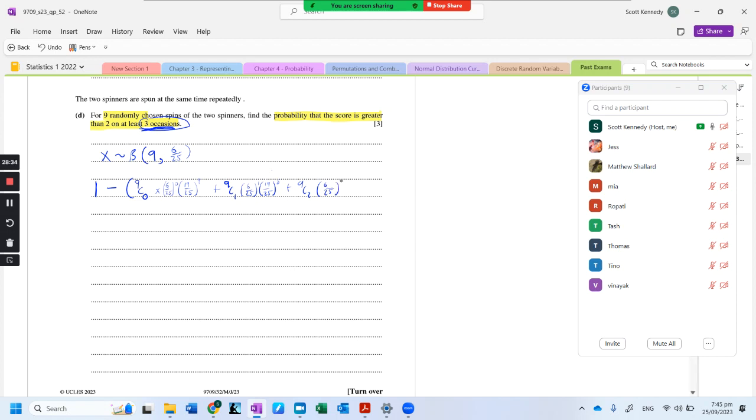Yep, very good. And what do we get there? Maybe just plug that into your calculators because I can't read my handwriting.